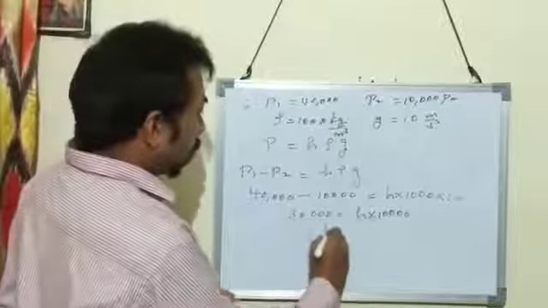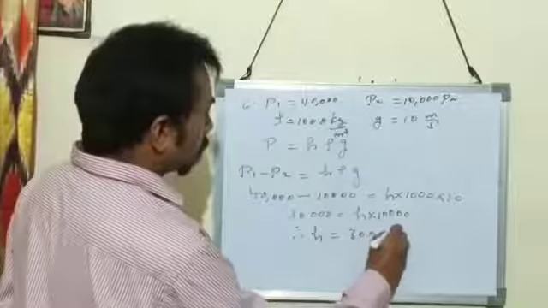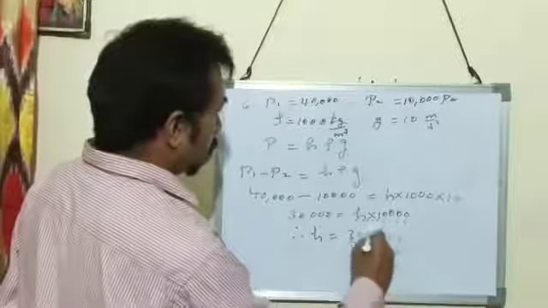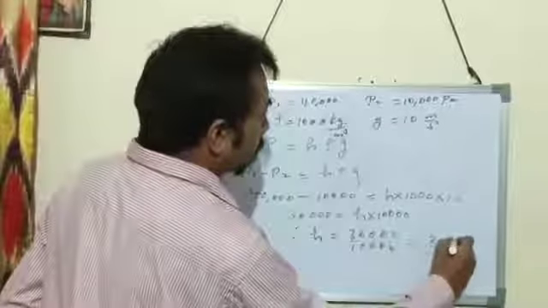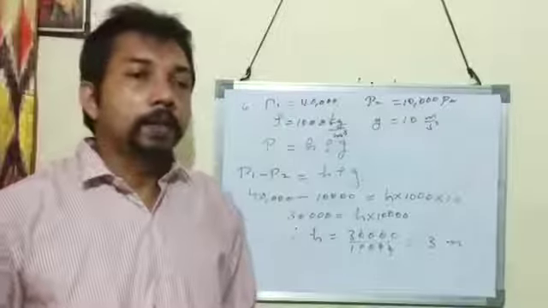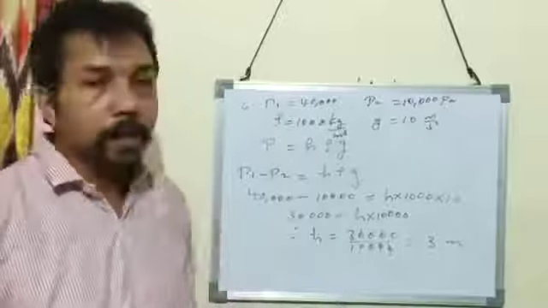Therefore, h is equal to 30,000 upon 10,000, which is equal to 3 meter. So the height of the first floor is 3 meter. So this is the answer.